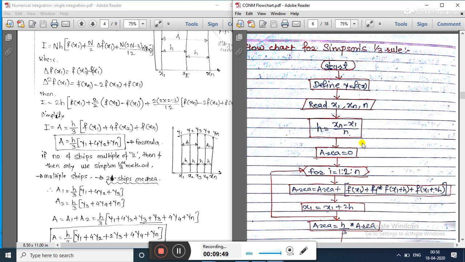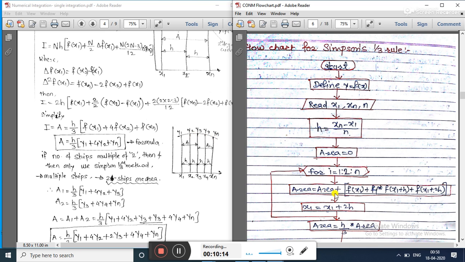Next, x1 value for the next strip, that is the next area, is shifted to x3, y3 we want. So x1 is replaced with x1 plus 2h, and i will be increased by 2. So we'll start for the next area.